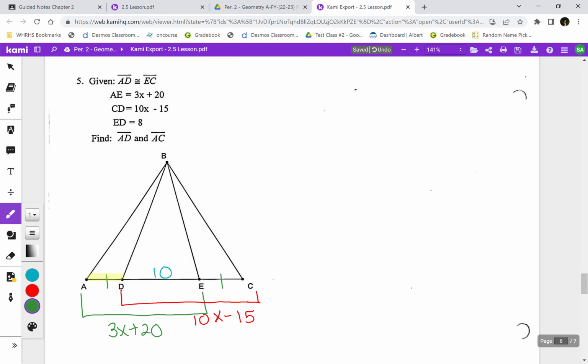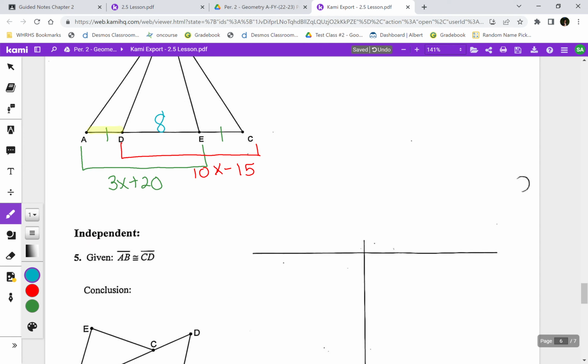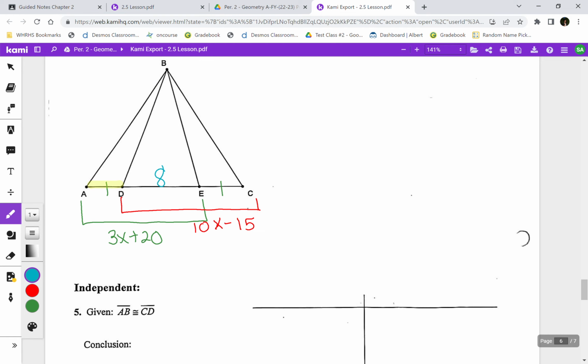Ethan? Oh, I wrote 10, sorry. ED is 8. Okay, so now let's look at this. We were only given, in the given information, that segment AD and segment EC were congruent. But we weren't told any expression representing AD or EC.